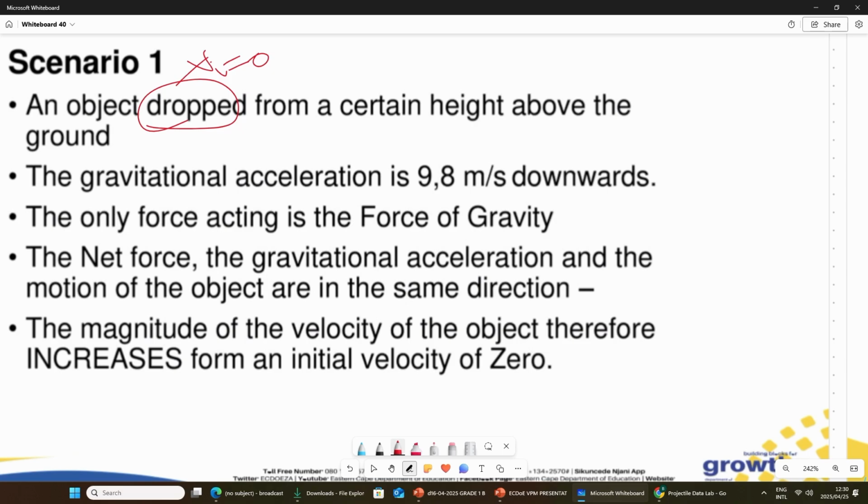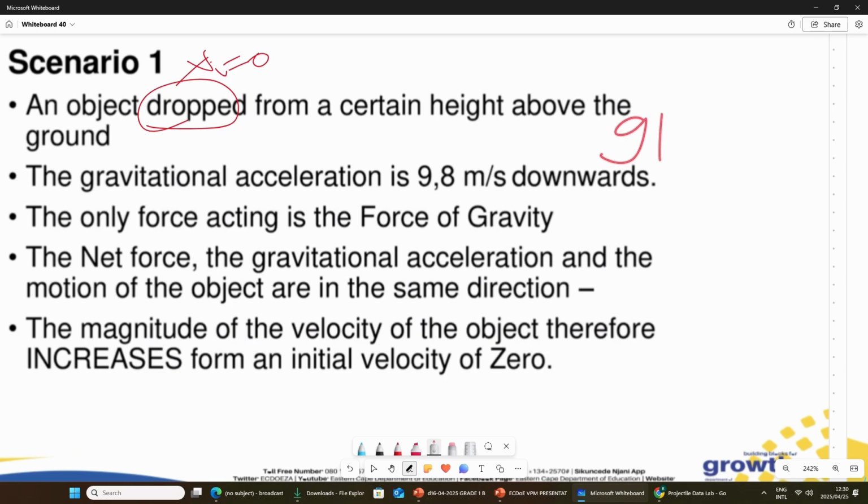And also on our problems here, we ignore the effect of air resistance. So if we ignore the effect of air resistance, then the only force acting there is going to be the force of gravity. Okay, so if the force of gravity is acting there, then it makes the gravitational acceleration 9.8 meters per second squared downwards, always going downwards.